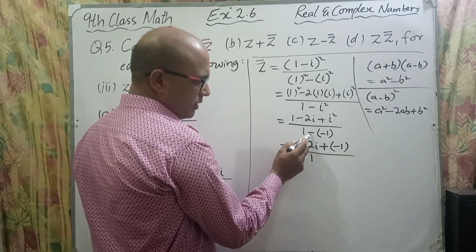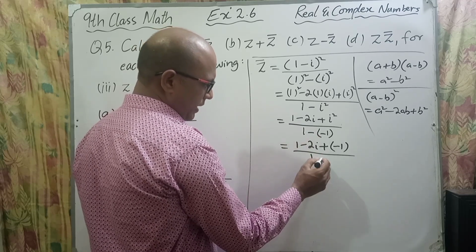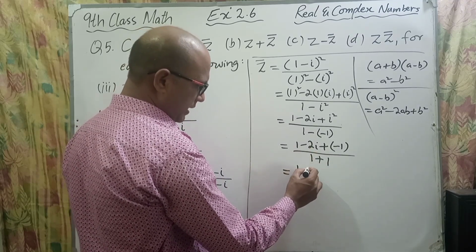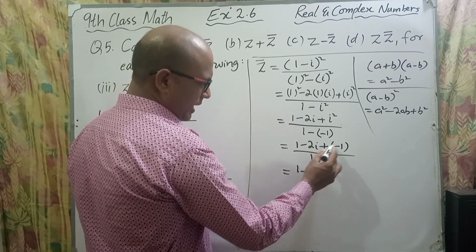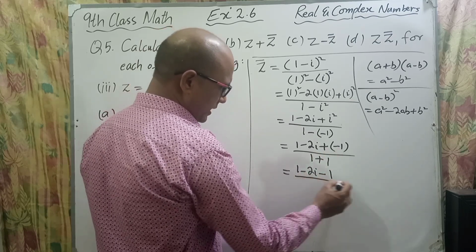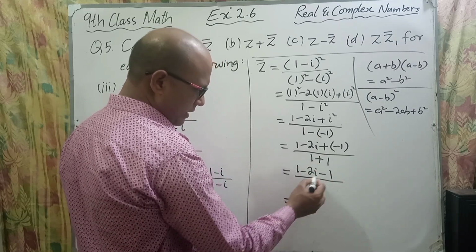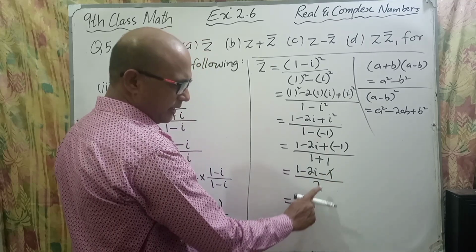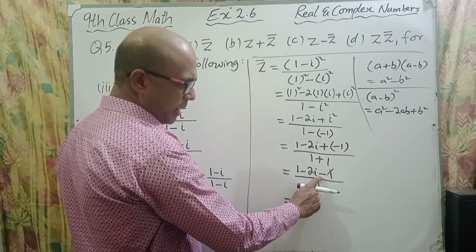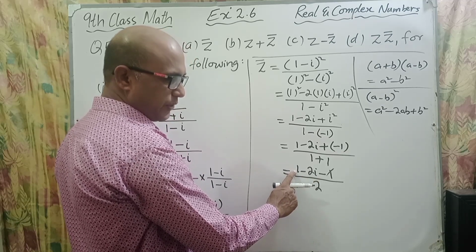Solving these, multiplying inside the bracket, minus minus is plus 1, is equal to 1 minus 2 iota plus minus minus 1. So students, 1 plus 1 is 2, and the sign of this number 1 is minus, and the sign of this number is not written.